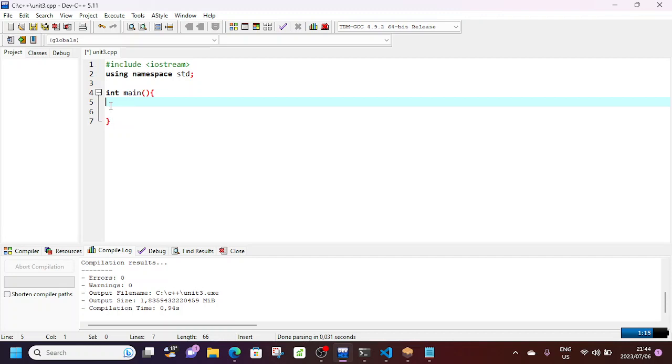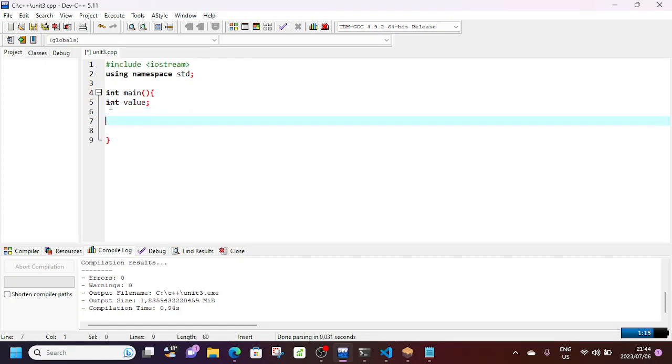So let's just start by programming our thing. Let's just declare an integer value. It really doesn't matter how you store it or what value you give it.